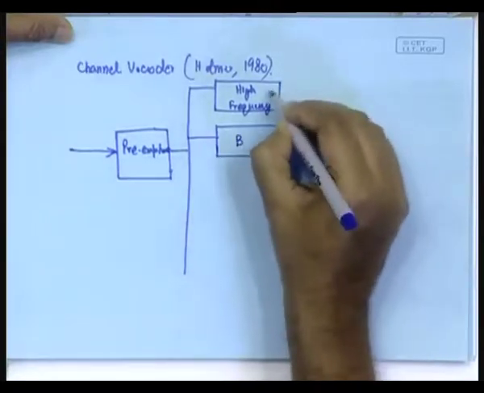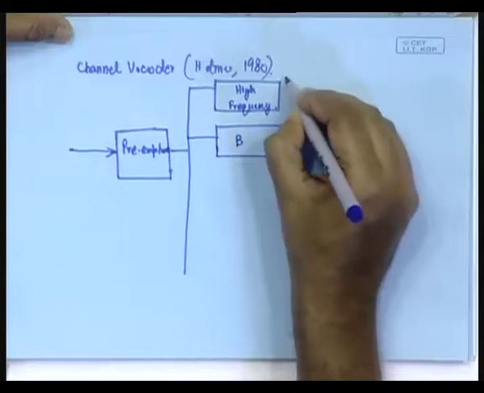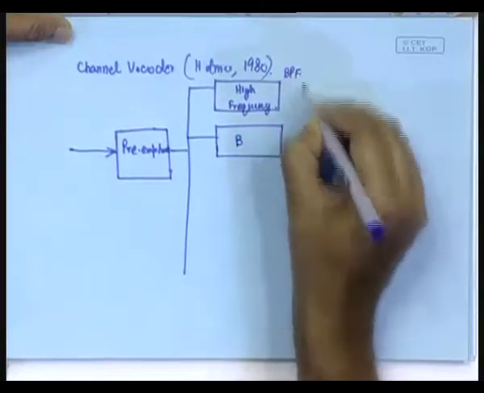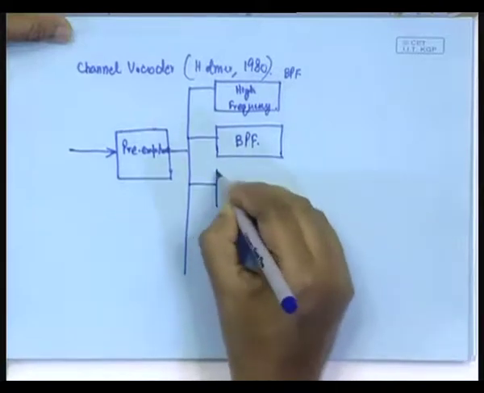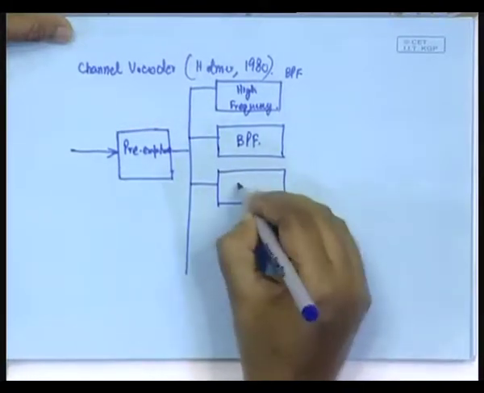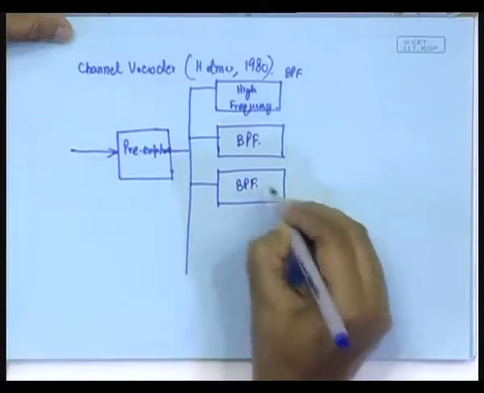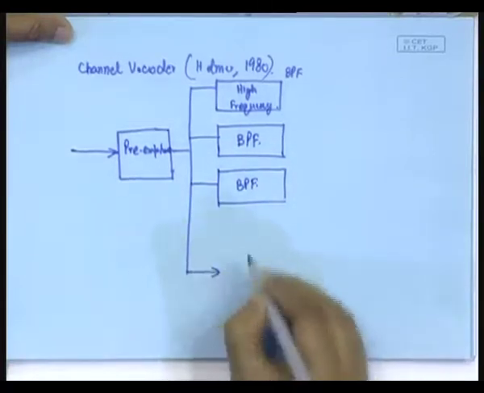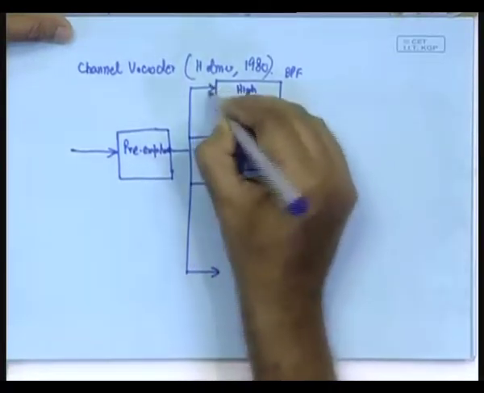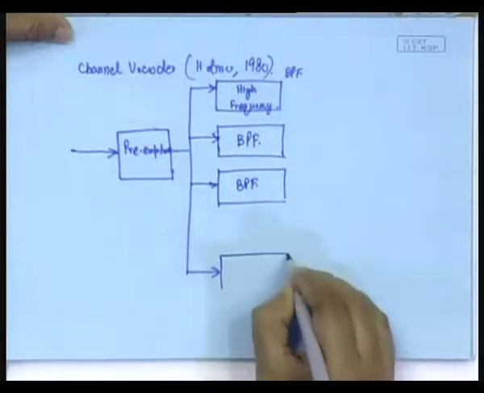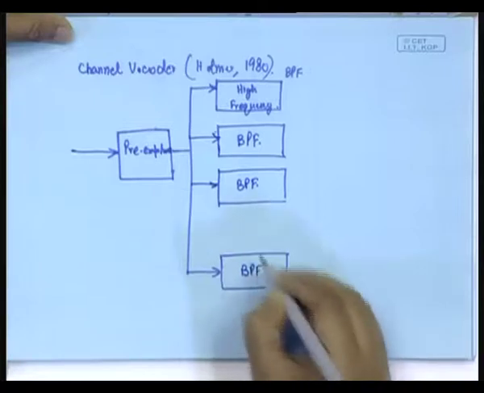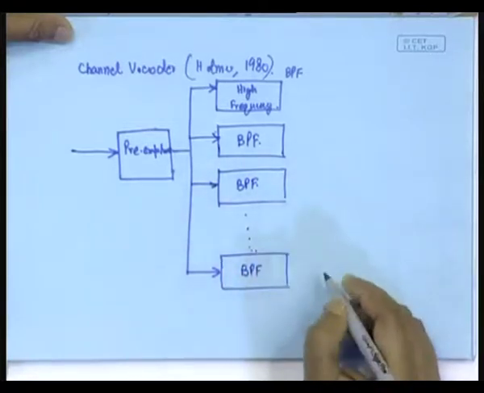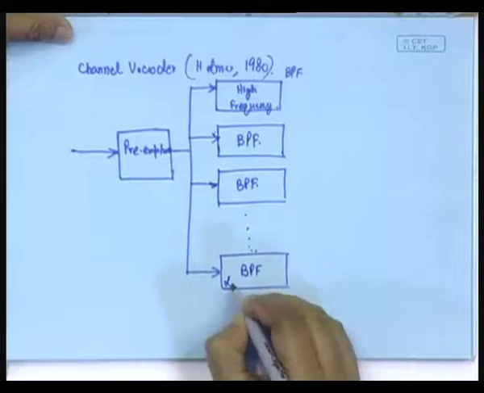This is the highest frequency BPF, and here we have the next lower frequency, then the next band of BPF, and finally the lowest frequency BPF, or in other words, a low pass filter. So, it is a bank of band pass filters that we are talking of over here. This is the lowest frequency.